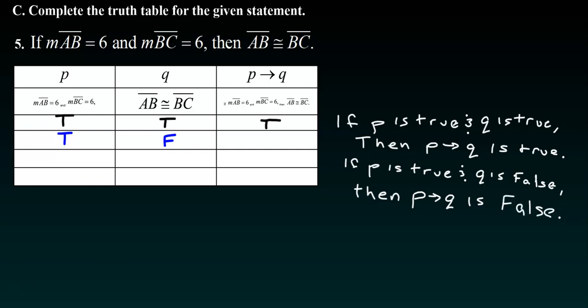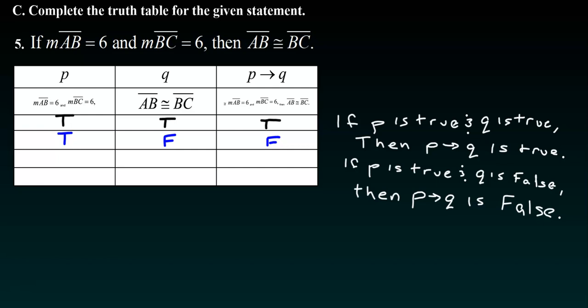If they're not equal to each other, yet we were saying that the first statement is true, then this last statement has to be false as well. There's no case where the first can be true and the second can be false without the third being false.